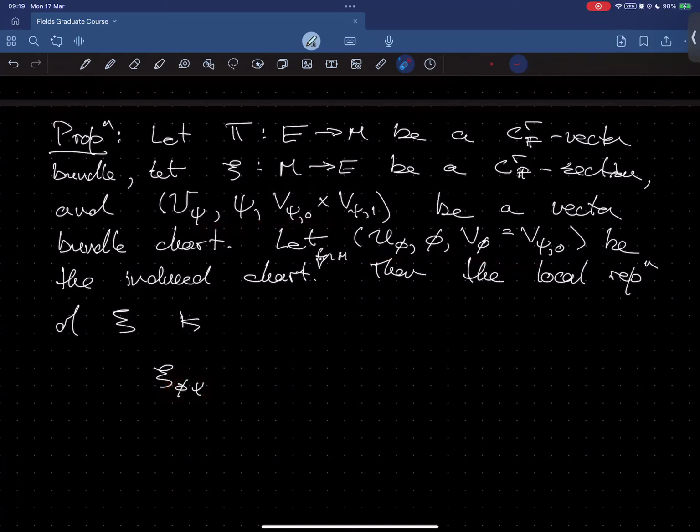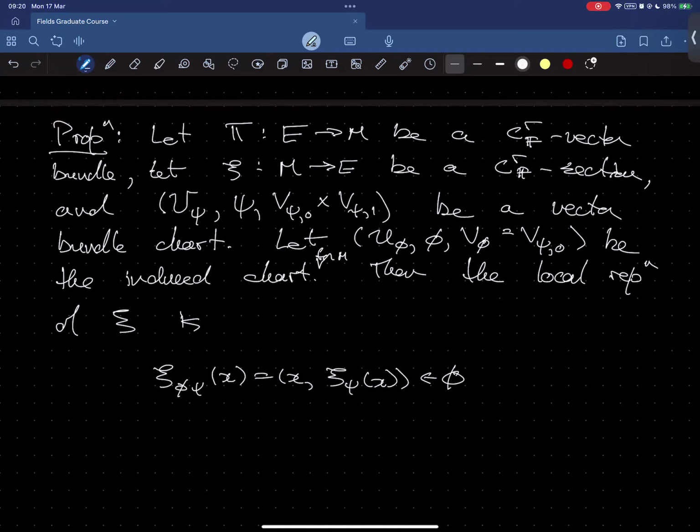So this is the local representative of C for those charts. This is going to take a point x and map it to a point, and I'll call this thing C psi of x.